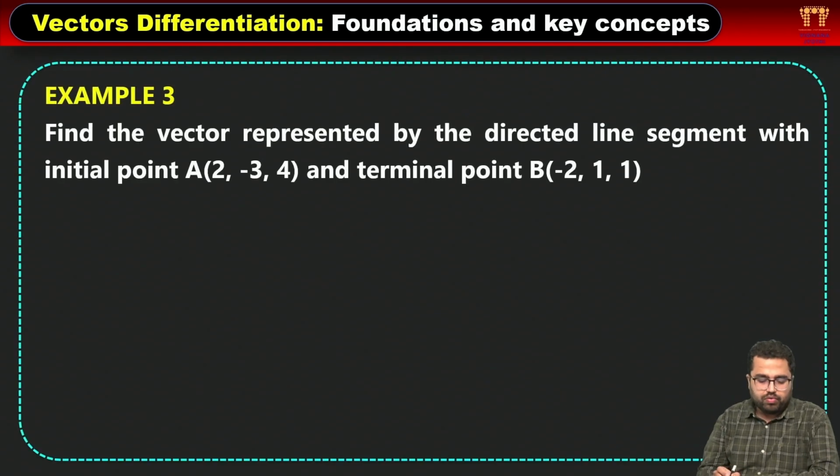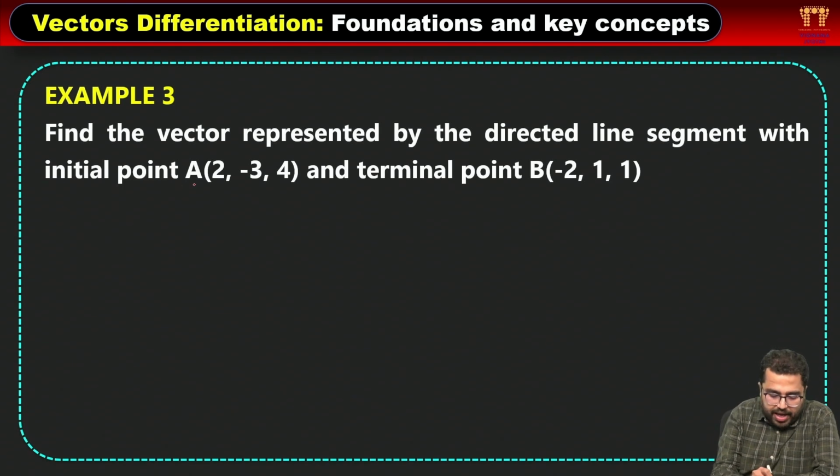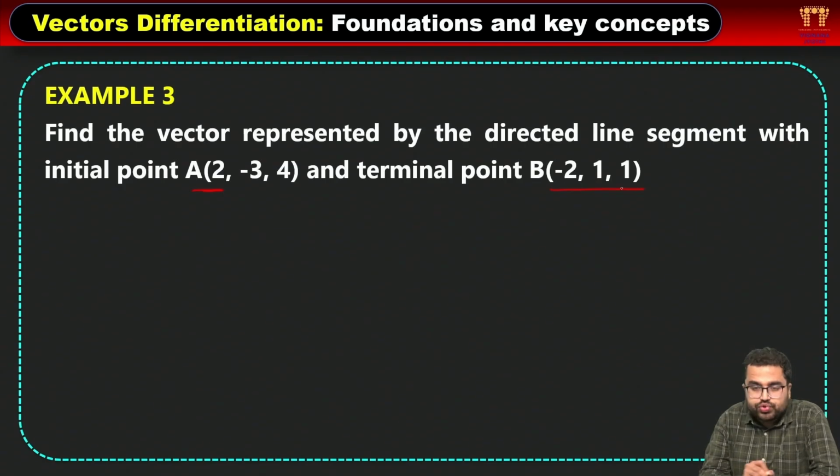Suppose you want to find the vector represented by the directed line segment with initial point A (2, minus 3, 4) and final point B (minus 2, 1, 1).